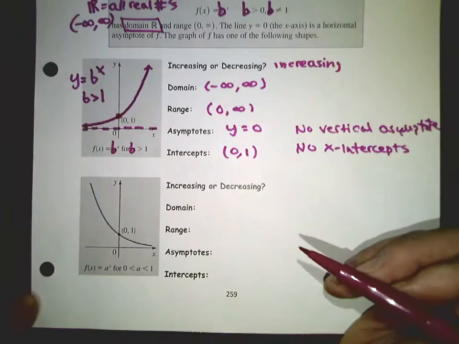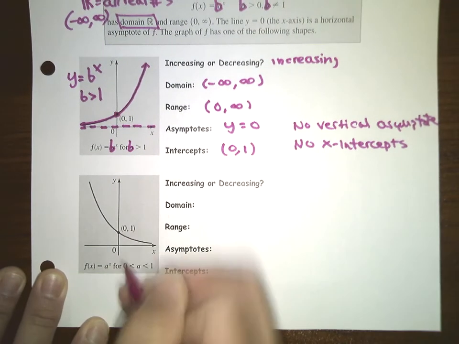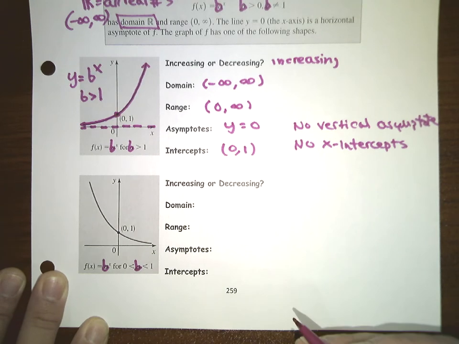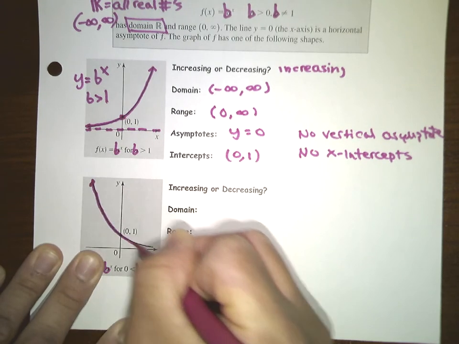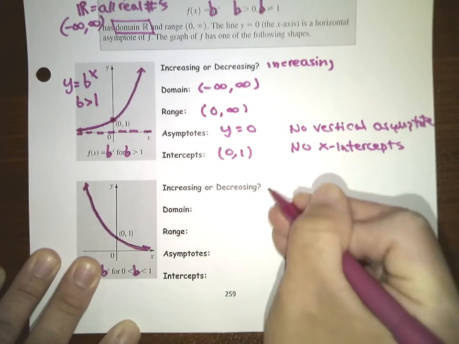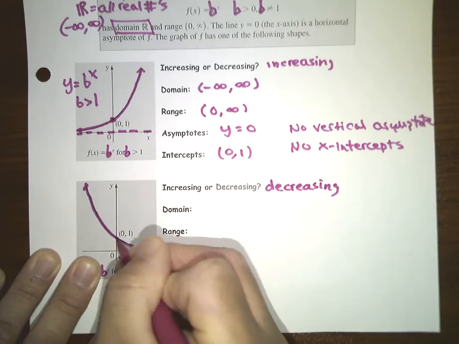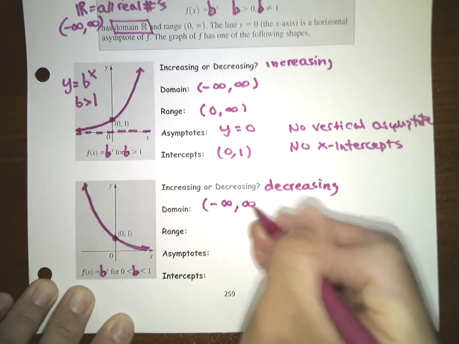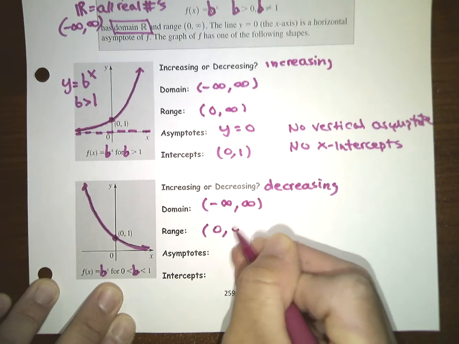Now if b is actually less than 1, but still positive, so between 0 and 1, then you can see that something else happens, and this is actually decreasing. All right, so then the domain is still negative infinity to infinity. The range is still 0 to infinity.